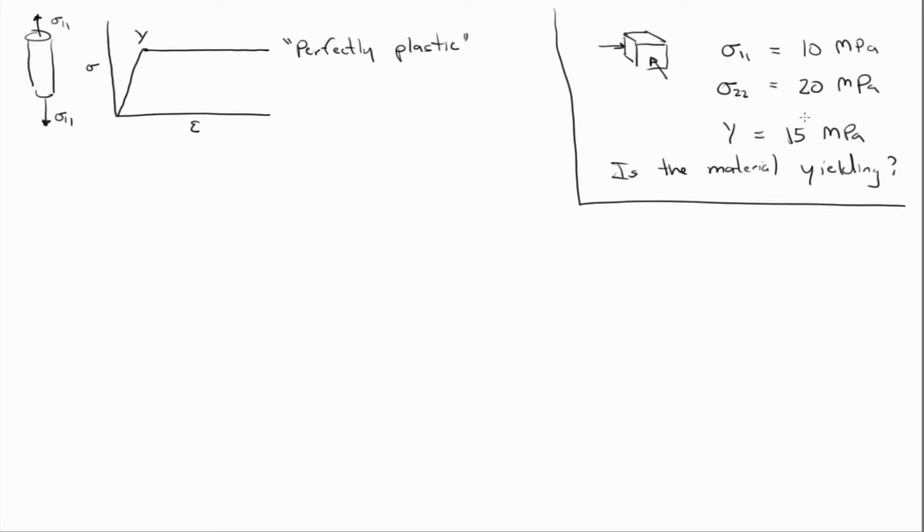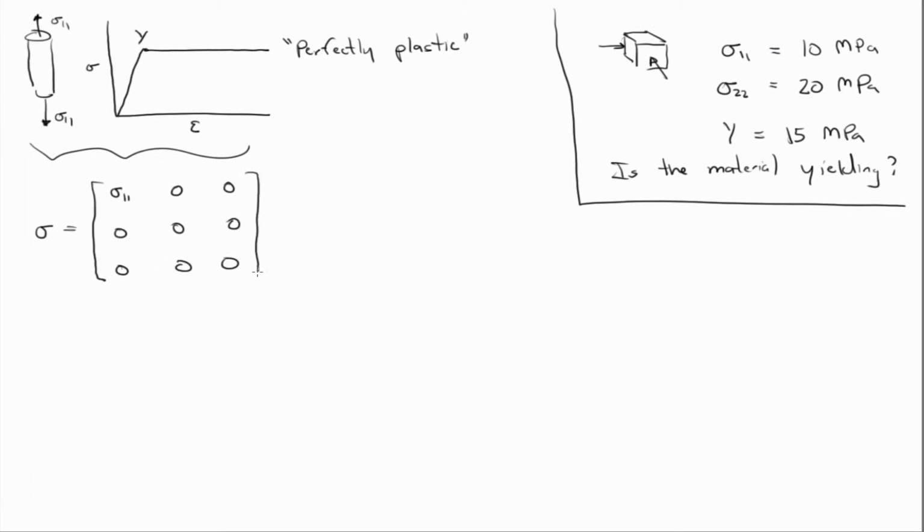Okay. So now let's return to our one-dimensional yield stress. And I'm going to write down the stress tensor for this scenario, the whole tensor. So the whole tensor is sigma 1,1, 0, 0, 0, 0, 0, 0, 0, 0.